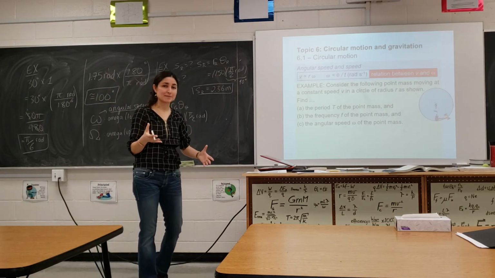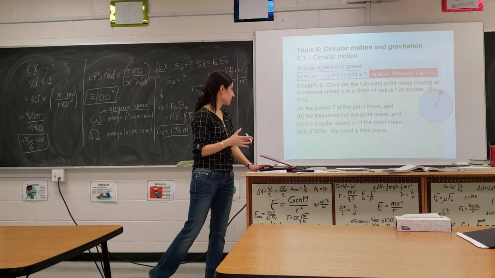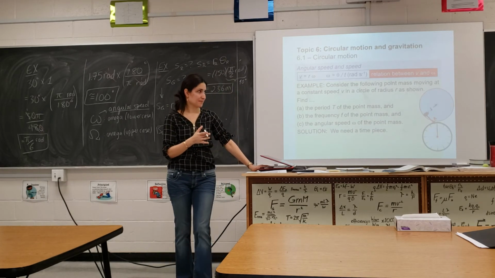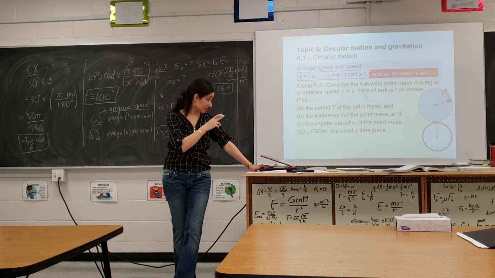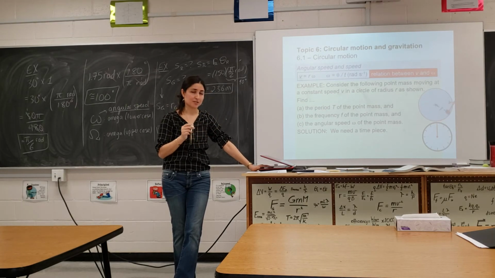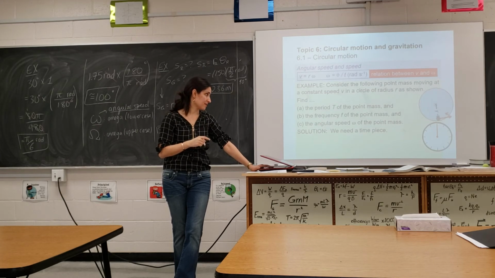We need some kind of timekeeping device, so we are going to keep time like this. Looking at the animation and the clock underneath, each tick represents 1 second. Just pay attention to what the period is. So let's start now.